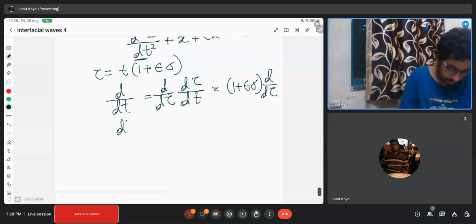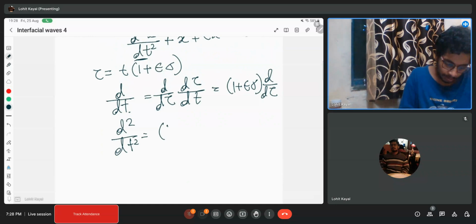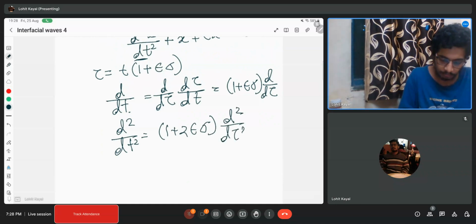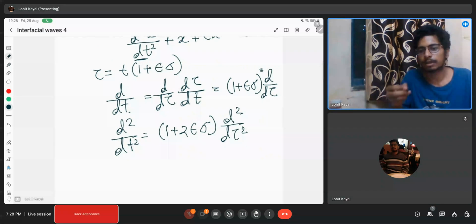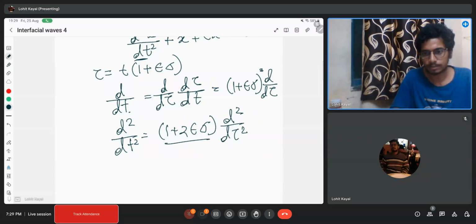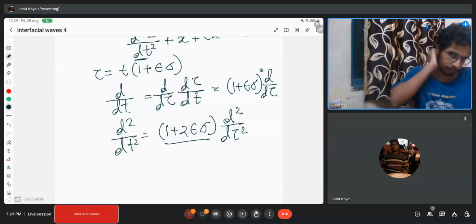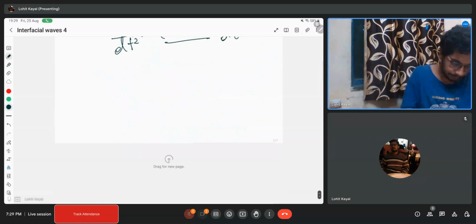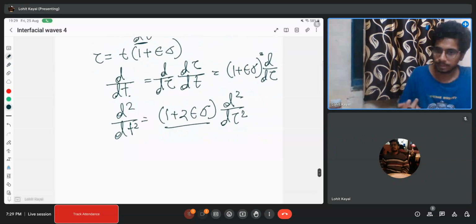And d square dt square will be 1 plus 2 epsilon sigma d square d tau square. Why 2 epsilon sigma? Because I will just do 1 plus epsilon sigma whole square. But we are neglecting the order epsilon square term, so it will be 1 plus 2 epsilon sigma d square d tau square.